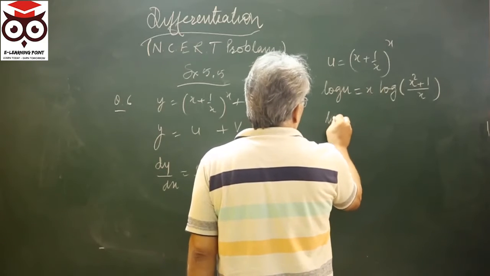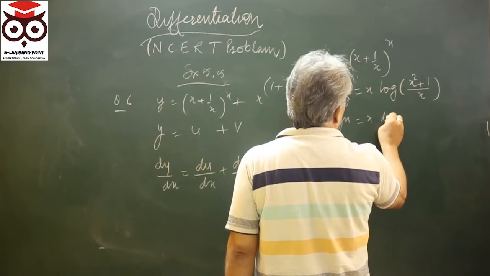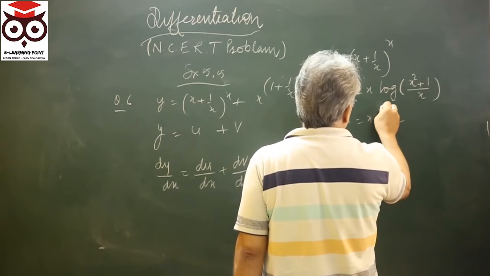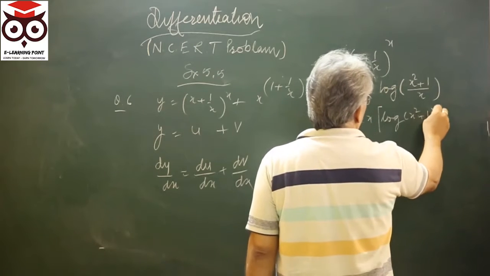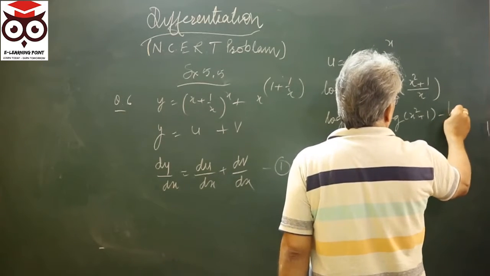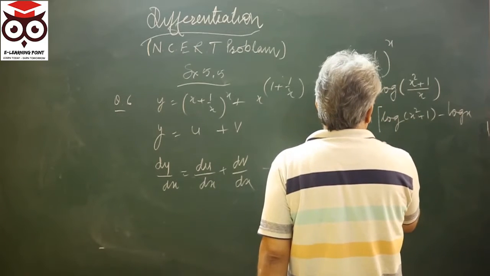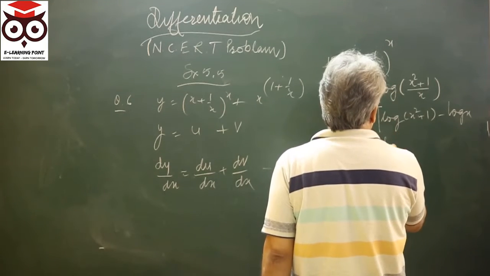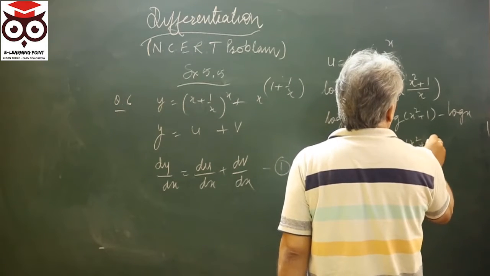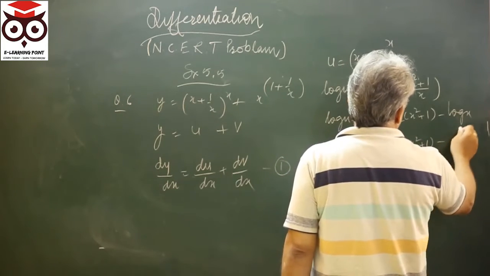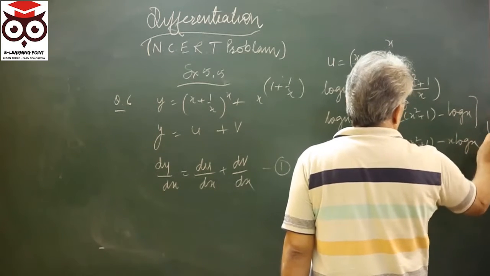So this is log u, this is x, so this can be written as x log (x square plus 1) minus log x. This can be written as x log (x square plus 1) minus x log x.